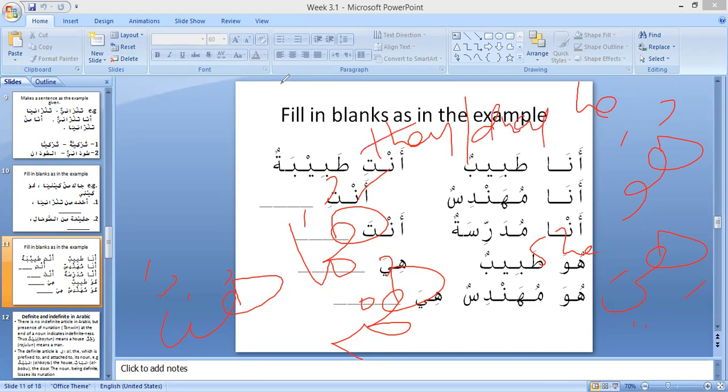So when you are saying they for two, you say huma in Arabic. Hum means they, plural, male. And hunna is they, plural, female. Are we together?